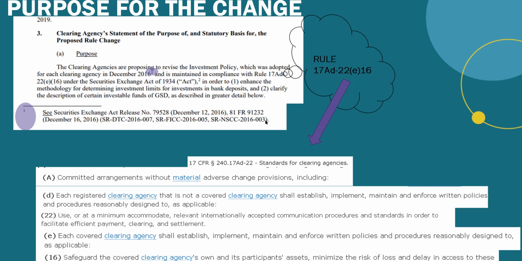So the purpose for this change, of course, was to, number 1, enhance methodology for determining investment limits, which we just said. And number 2, clarify the description of certain investable funds of GSD as described in greater detail below. Now you'll notice I circled this little small 1 here because every time you see that, if you look towards the bottom of the page, it'll have a section with a little underline above it.